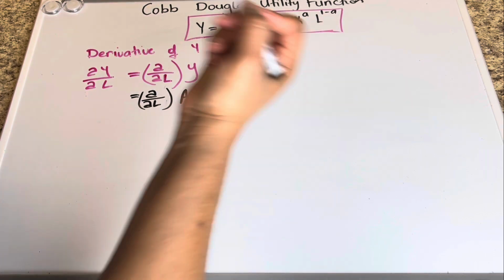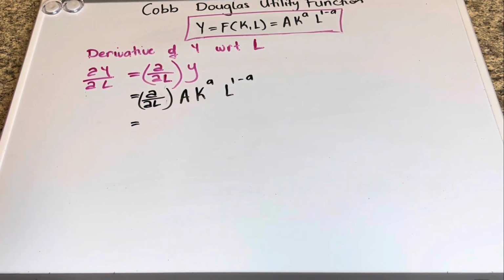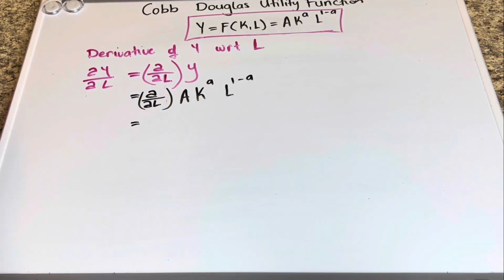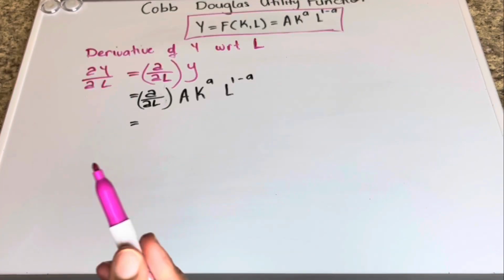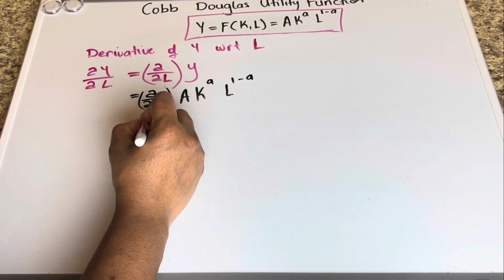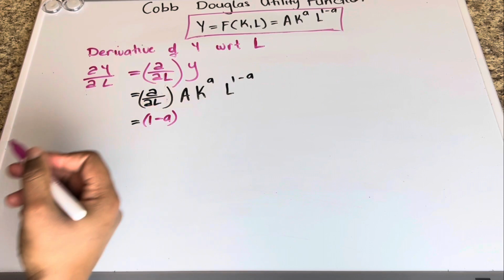To make it as simple as possible, we're going to bring the power down for L. I'm going to use two different colors to not make it complicated. The power for L would be 1 minus alpha, right?